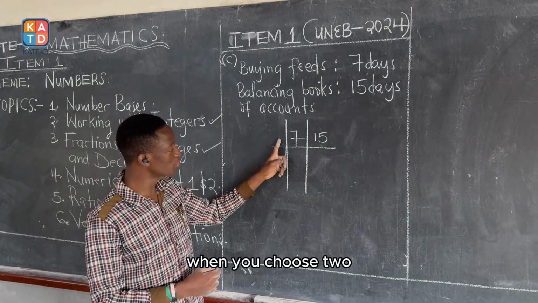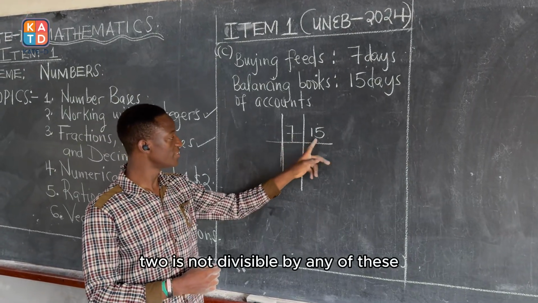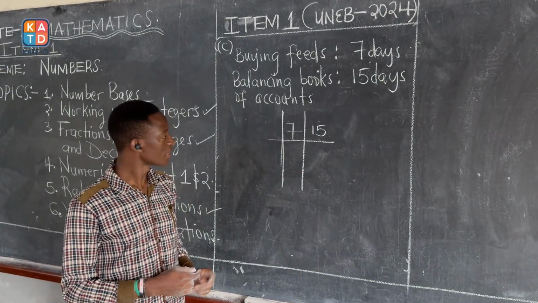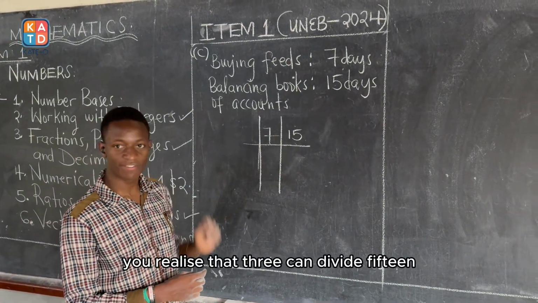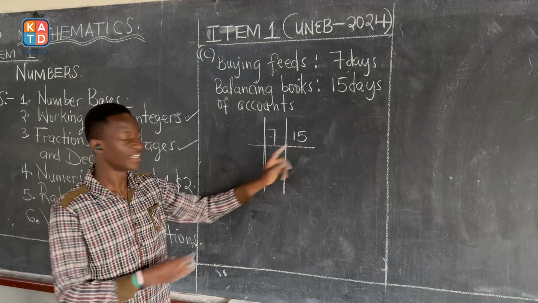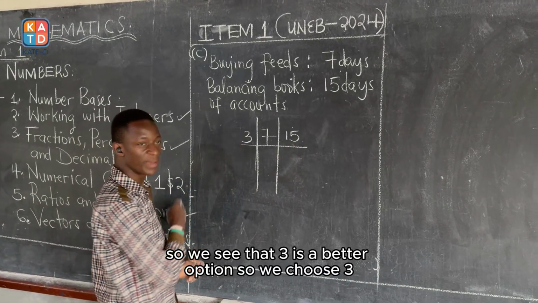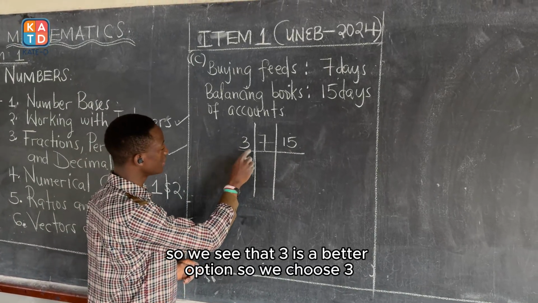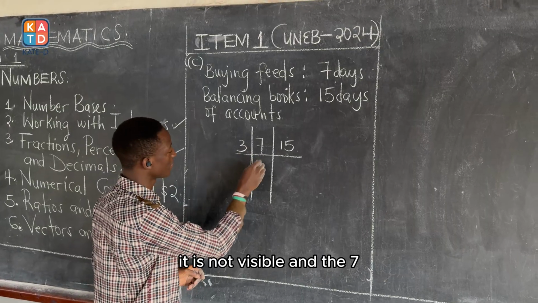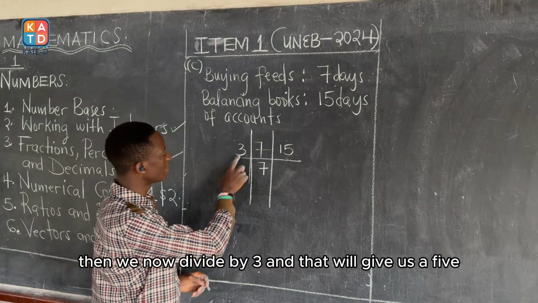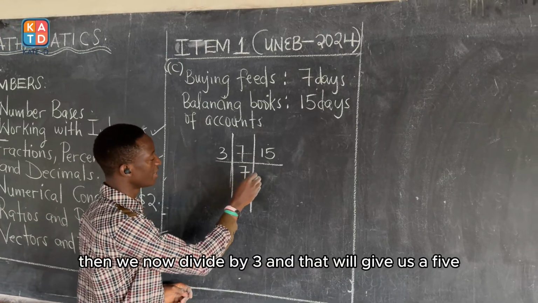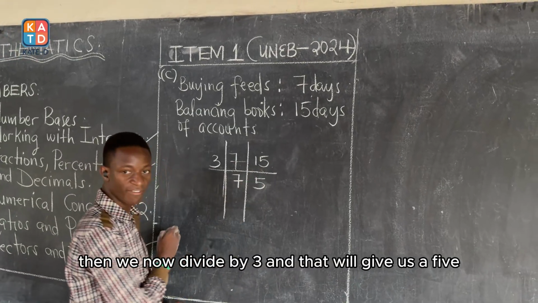When you choose 2, it is not divisible into any of these. But when you go to 3, you realize that 3 can divide 15. So we see that 3 is a better option. When you choose 3, it does not divide the 7, so we carry on the 7. Then we say 15 divided by 3, and that will give us a 5.